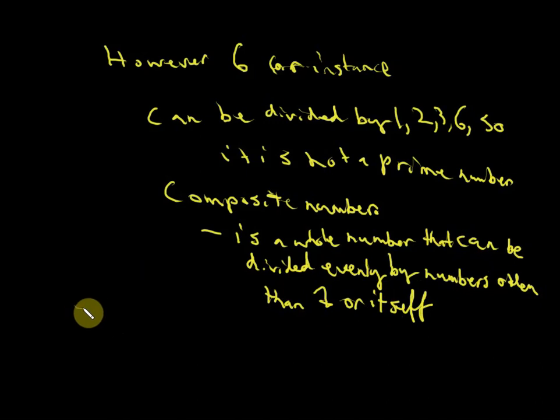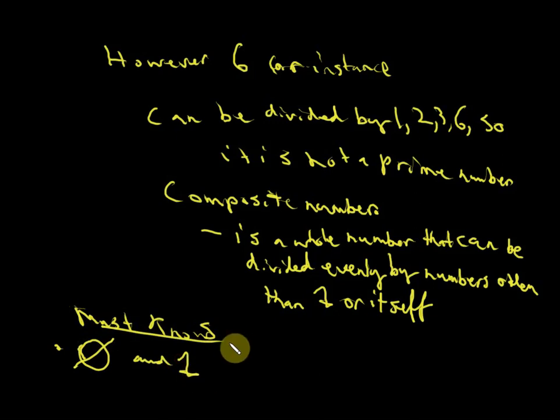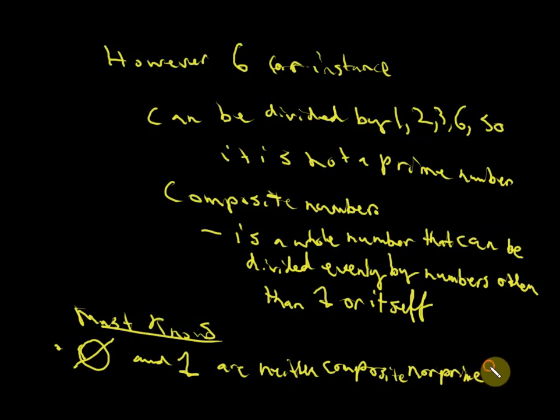So there are some must knows. One of them is the number 0 and 1 are neither composite nor prime numbers.